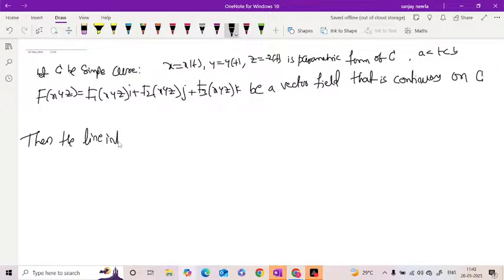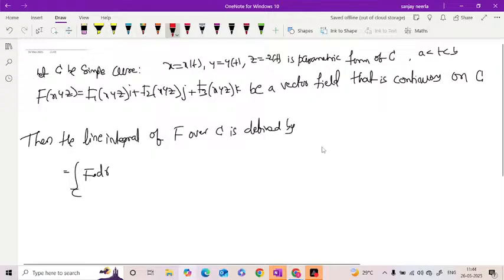The line integral of F over the given curve C is defined by integral F dot dr. What is dr here?